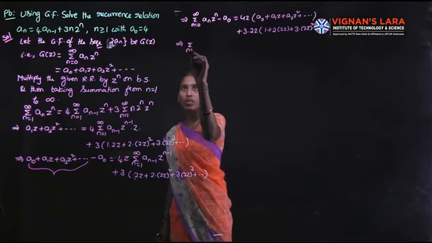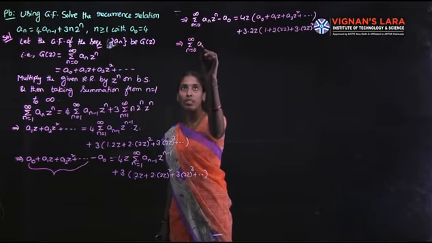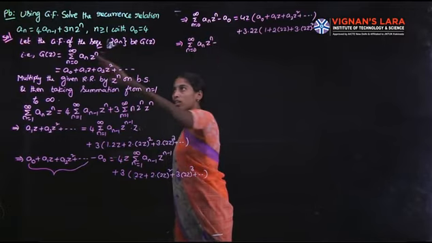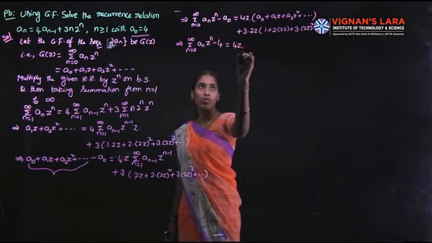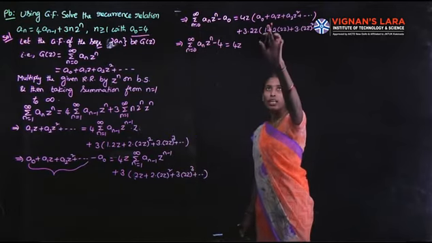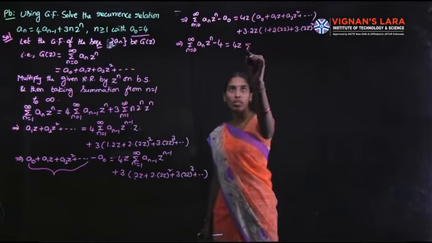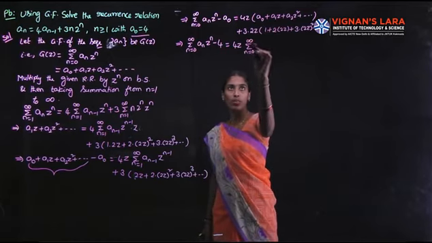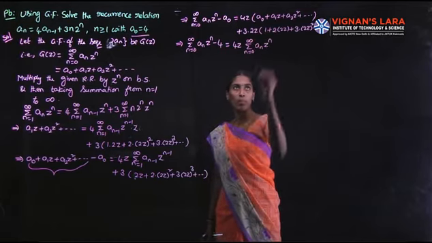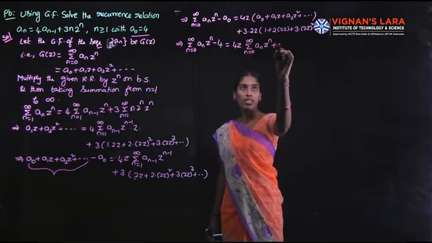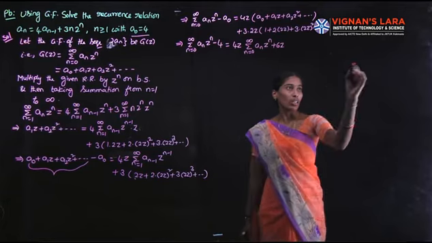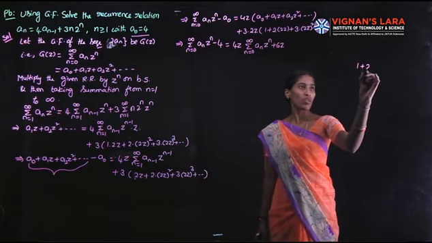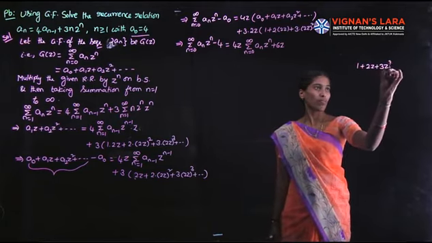Summation n equal to 0 to infinity a_n z^n minus a_0, whose value is given as 4, is equal to 4z into (a_0 + a_1 z + a_2 z^2 and so on), which is summation n equal to 0 to infinity a_n z^n, plus 6z into, you know the formula of 1 + 2z + 3z^2 and so on.